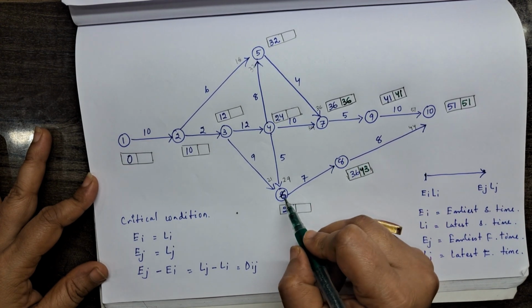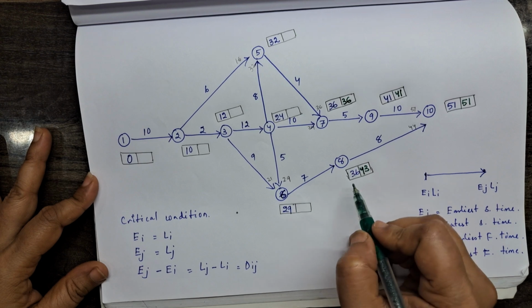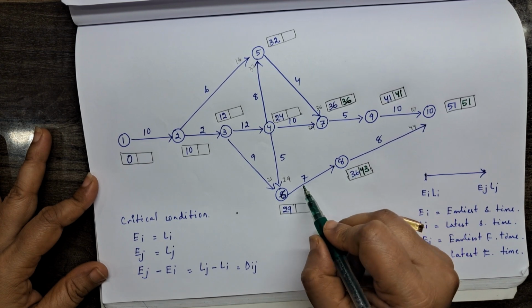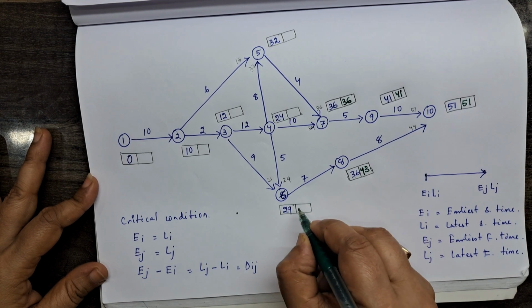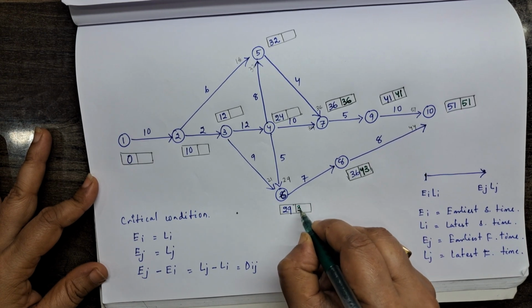So for 8 to 6, this is 43 minus 7, which is 36.